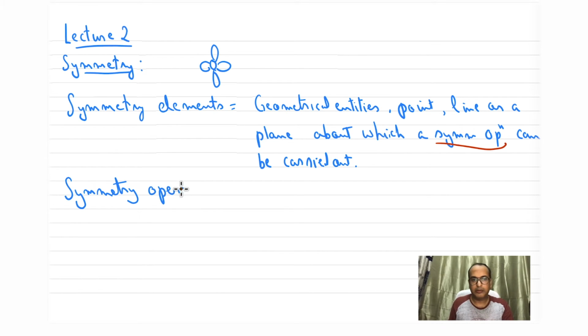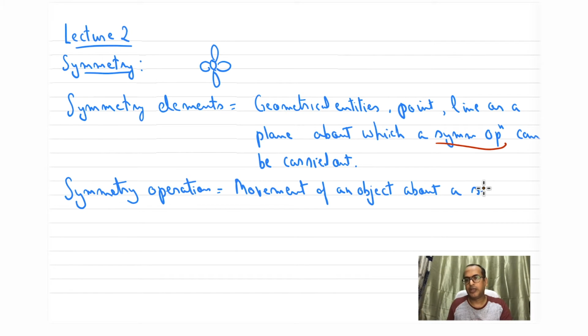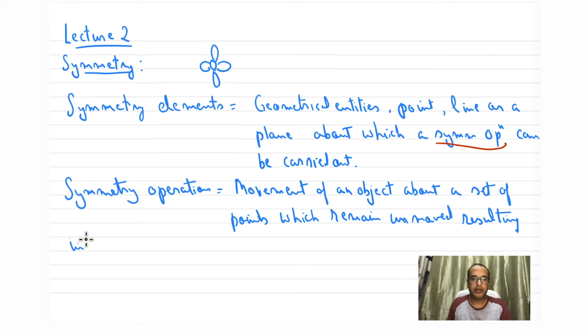So now let's define symmetry operation. A symmetry operation is movement of an object, in this case a molecule, about a set of points which remain unmoved, resulting in an equivalent configuration of the object.